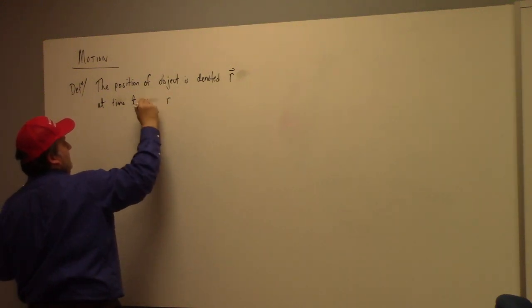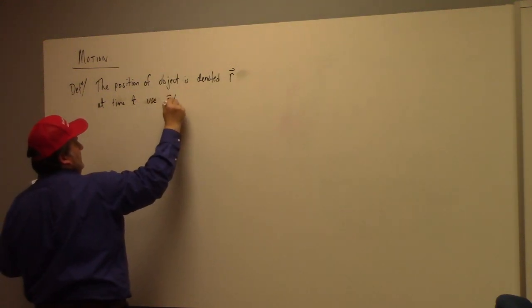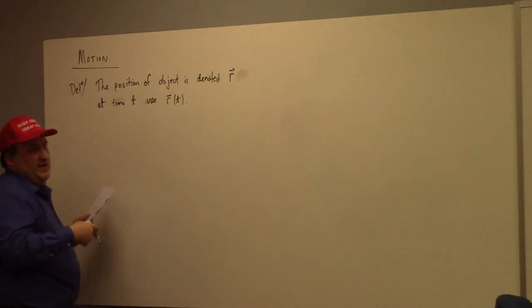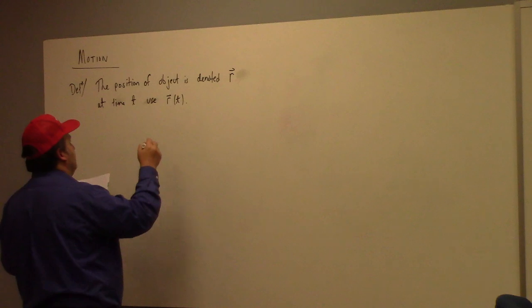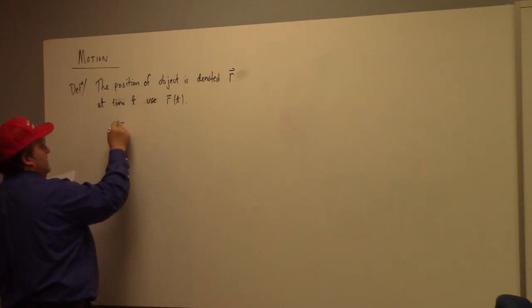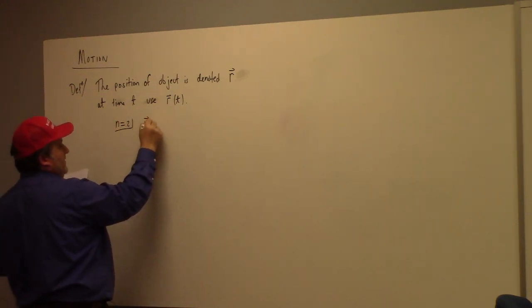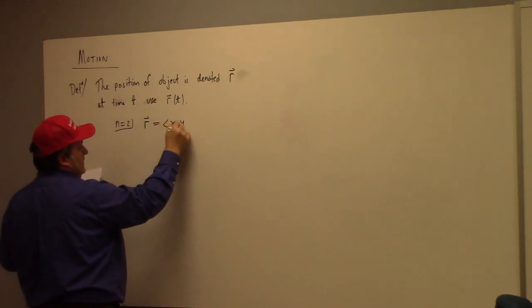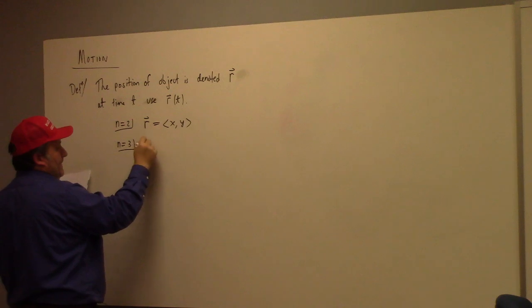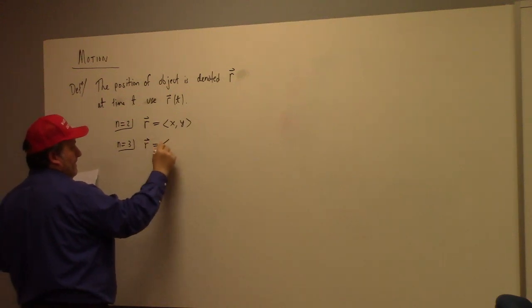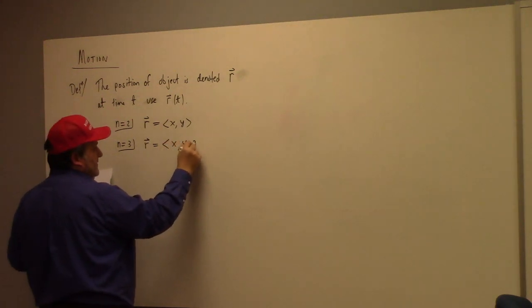Of course, we might have more than one position, so maybe r sub 1, r sub 2, and so forth. For n equals 2, we usually use r is x, y. For n equals 3, what's our position look like? x, y, z, right?